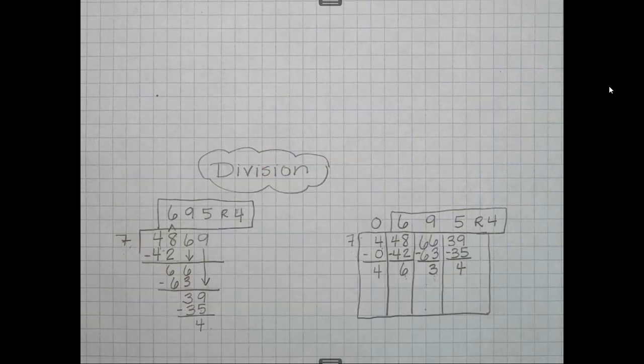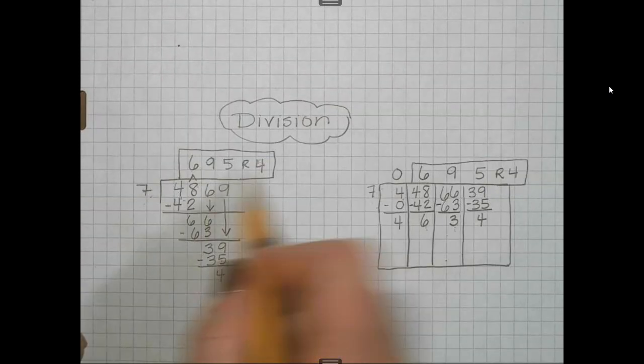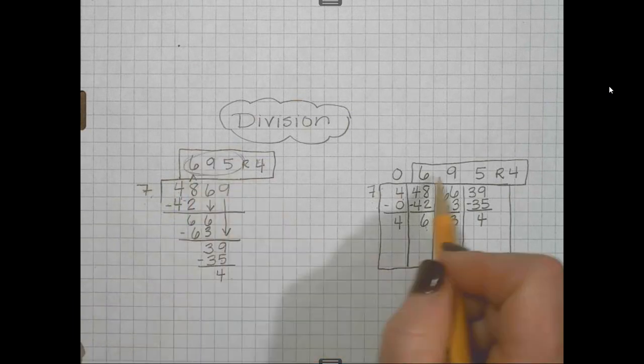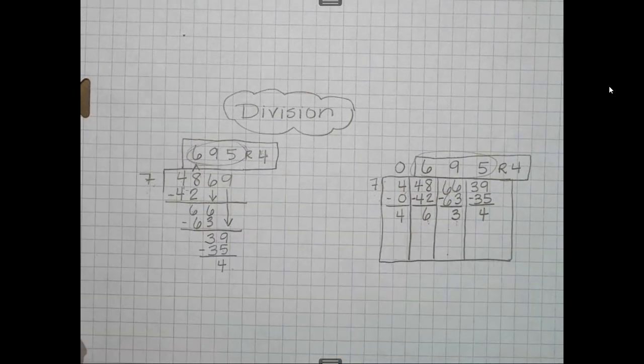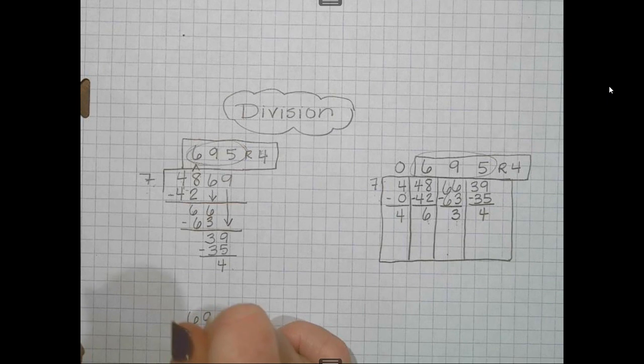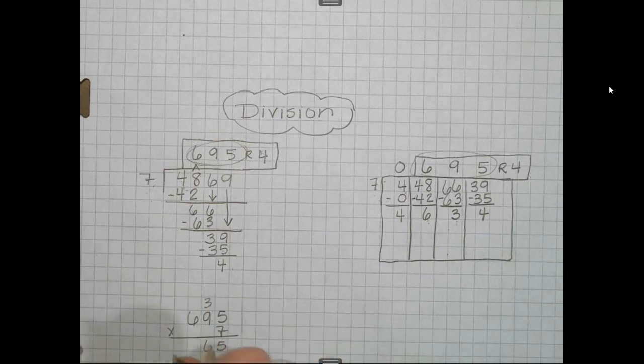All right, so let me show you how you check this. You check division with multiplication. So we're going to take the whole number part of the quotient and multiply it times the divisor. 7 times 5 is 35. 7 times 9 is 63 plus 3, 66. 7 times 6 is 42 plus 6 is 48.